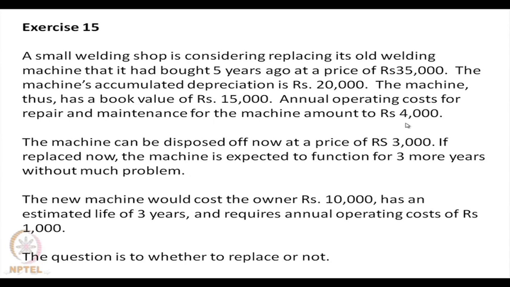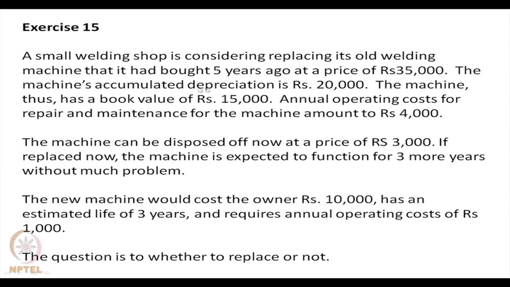Now, let us take exercise 15. Exercise 15 is regarding a small welding shop. It is considering to replace its old welding machine that it had bought 5 years ago at a price of rupees 35,000.